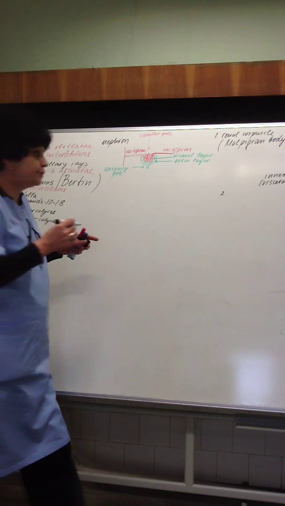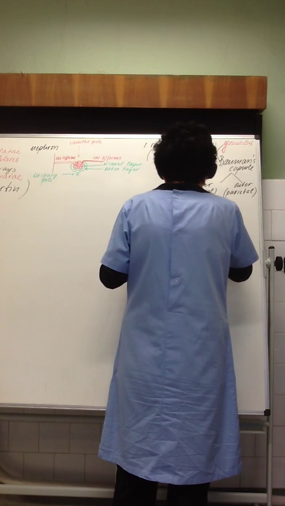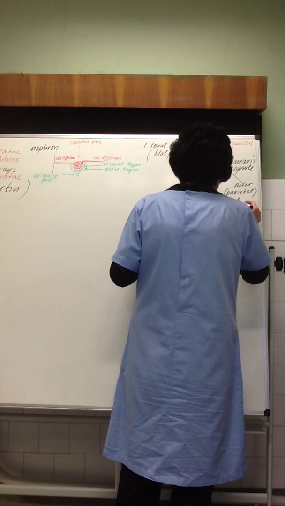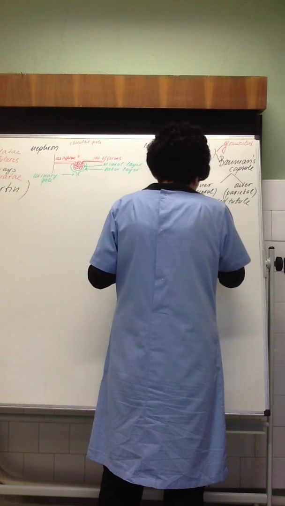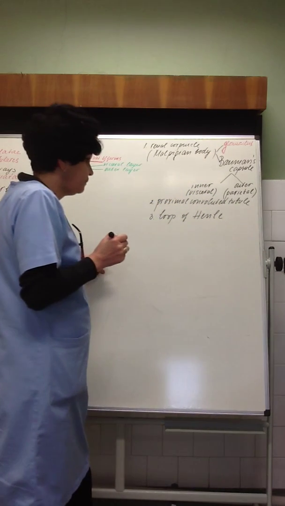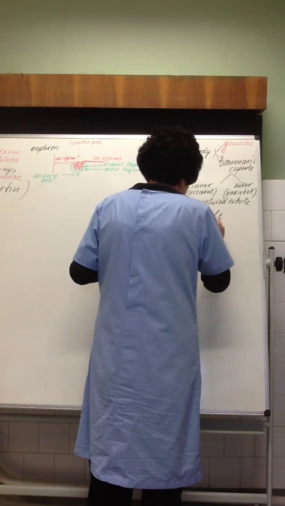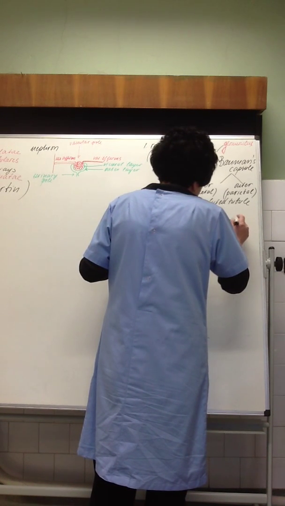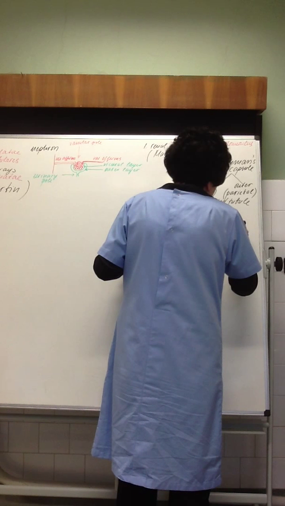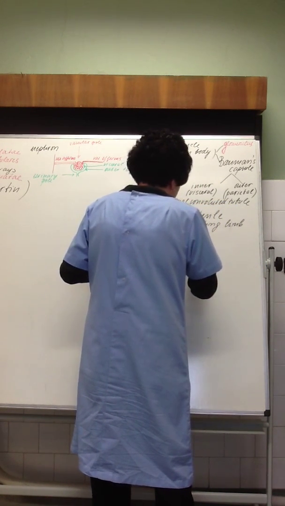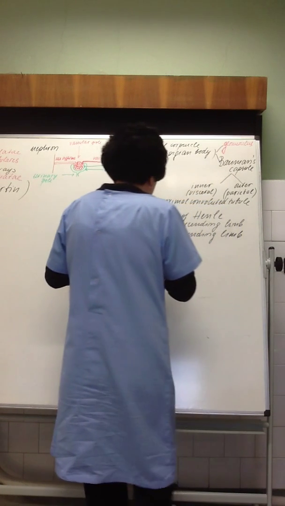Then the loop of Henle, with descending limb and ascending portion.